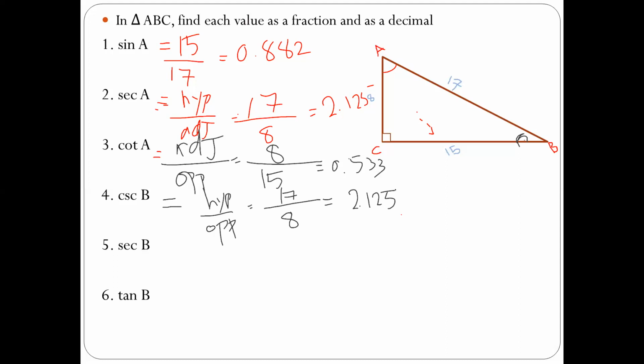What about secant B? Secant B means 1 over cosine B, which is the reciprocal, hypotenuse over adjacent. What is the hypotenuse? It is 17. What is the adjacent of B? It is 15.